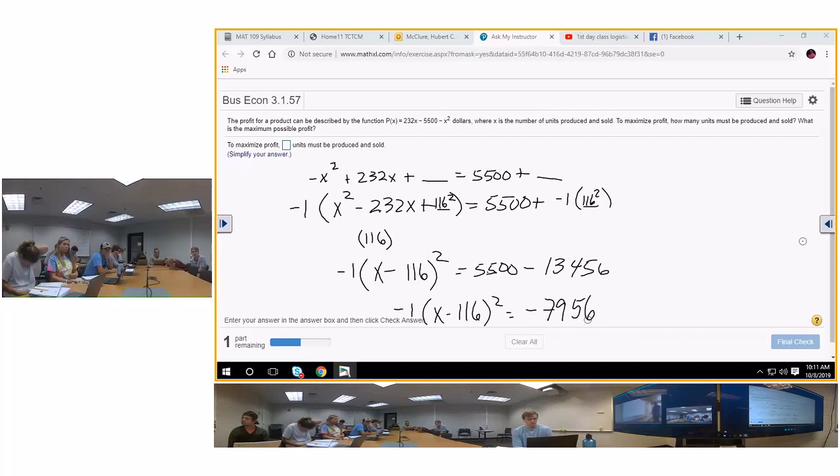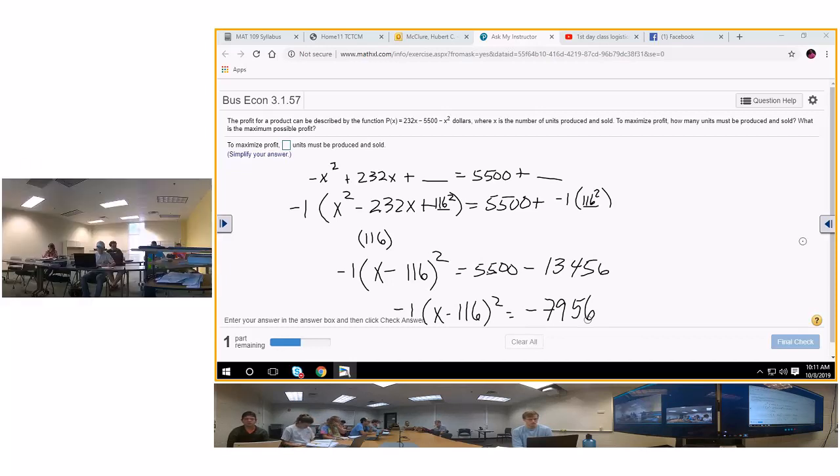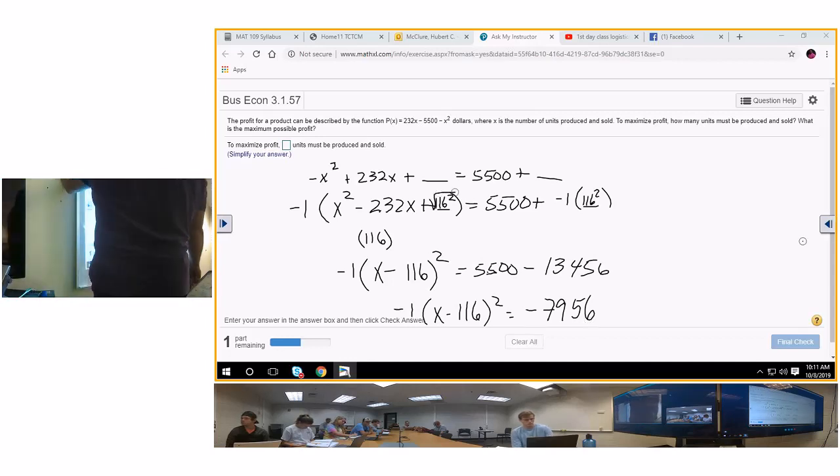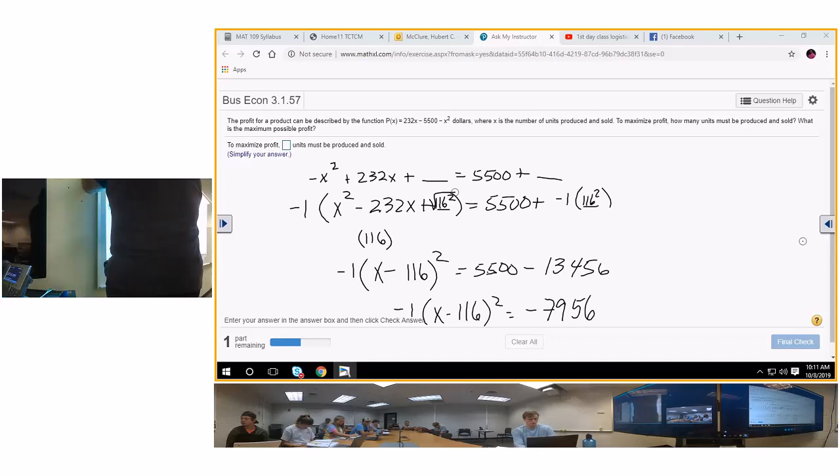What's the square root of 116 squared? You take the square root of that, that's your A, and that's your B. What's 232 divided by 2? 116 squared is 116 squared.